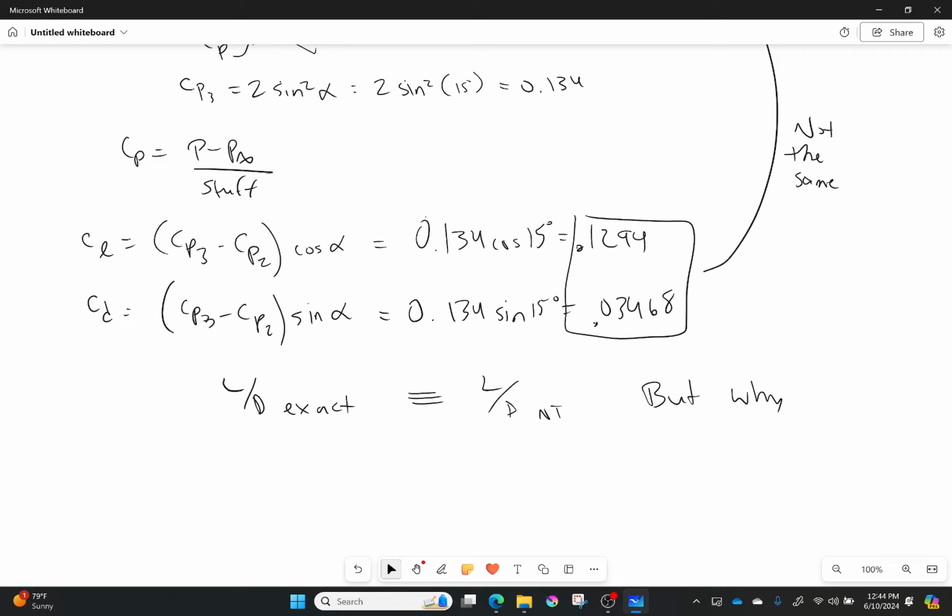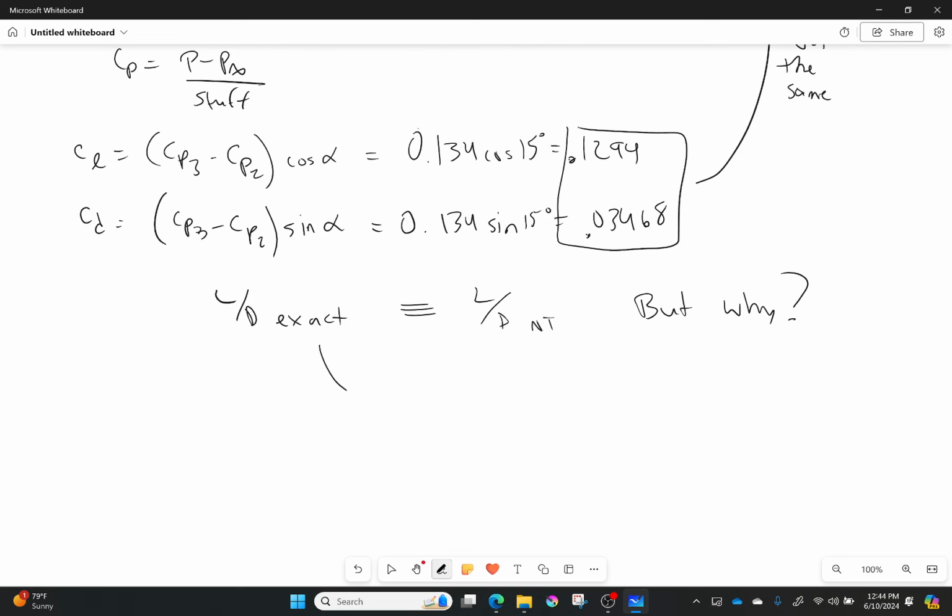The answer is just definitions. Don't let this confuse you. It's nothing special here. That's just from trig. Because remember, lift and drag are always coming from this normal force right here. That's drag, that's lift.